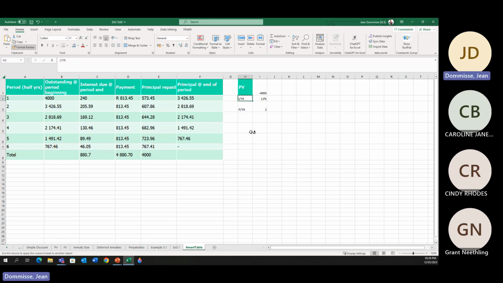Okay, so there you can see that was the amount that we calculated. And that is now your payment for every period for the 6 months. So I would just make it equal to the previous one.